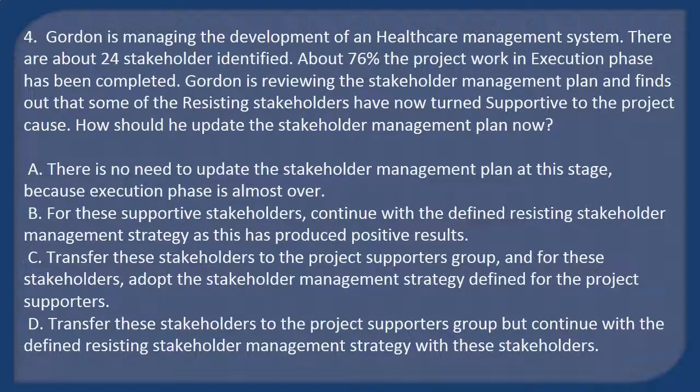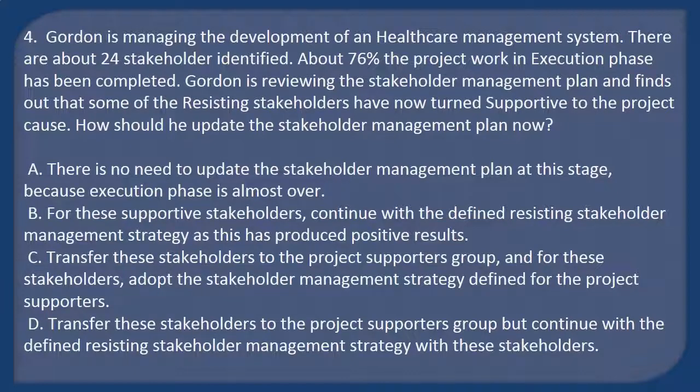A. There is no need to update the stakeholder management plan at this stage, because execution phase is almost over. B. For these supportive stakeholders, continue with the defined resisting stakeholder management strategy as this has produced positive results. C. Transfer these stakeholders to the project supporters group, and for these stakeholders, adopt the stakeholder management strategy defined for the project supporters.